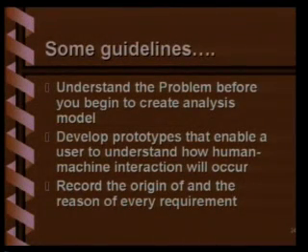There are certain guidelines for this particular analysis step, and that is to understand the problem before you begin to create the analysis model. So before you go to the third step, you understand. Develop prototypes that enable a user to understand how human-machine interaction will occur. Well, this particular step can be taken at any point of time as far as analysis is concerned.